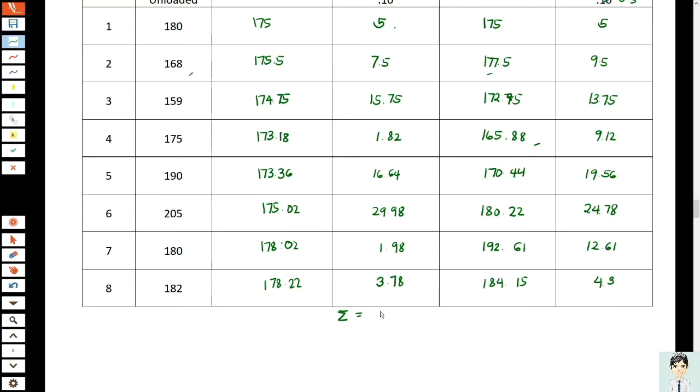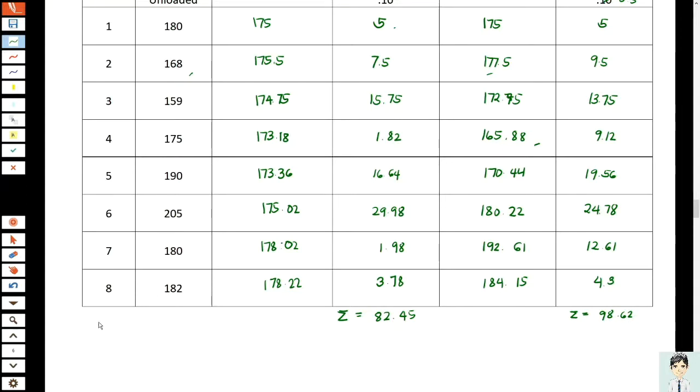Total of 82.45 for smoothing constant of 0.10. The smoothing constant na 0.5, we have a total of 98.62. Okay po.